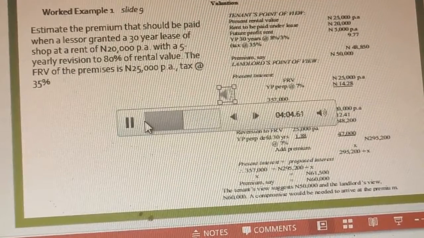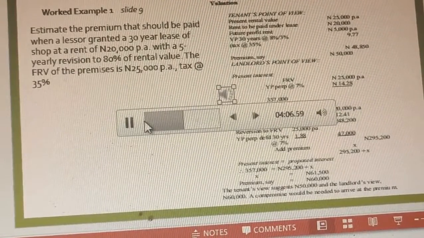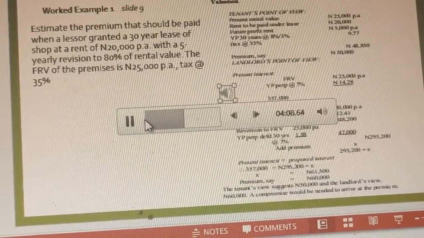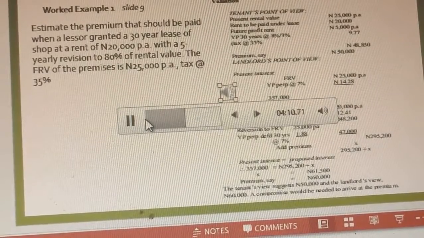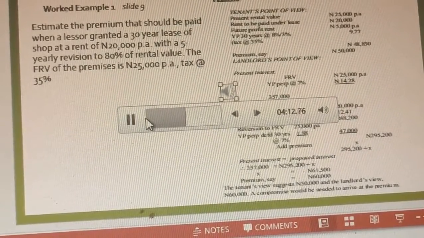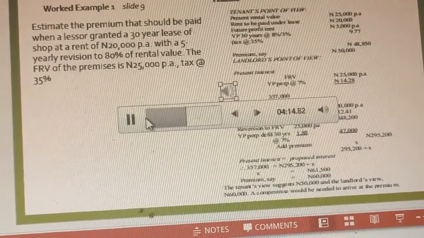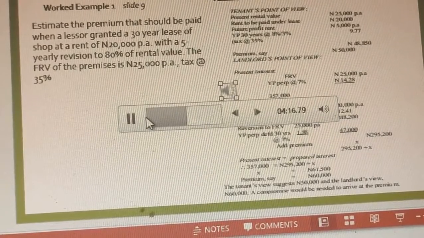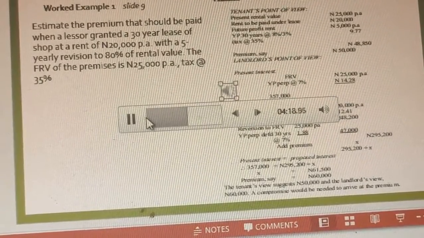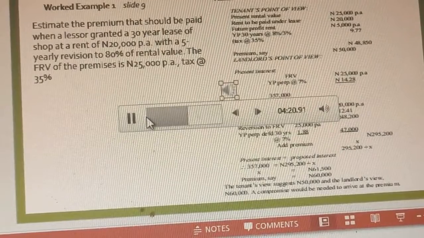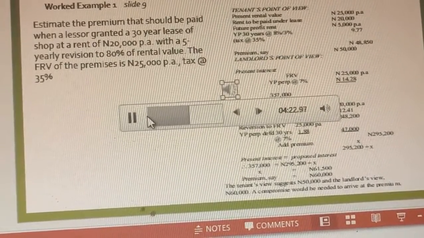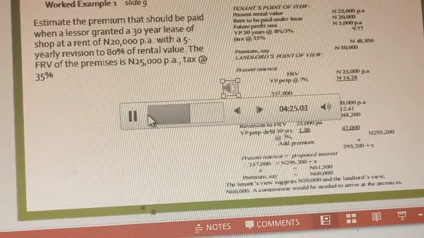When the 30 years expires, it is assumed that he can still let it at 25,000 and it continues. And secondly, the landlord does not need to set aside a sinking fund. So it's straightforward single rate. So you get 357,000 from there.